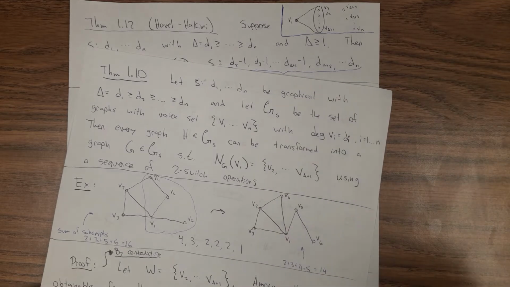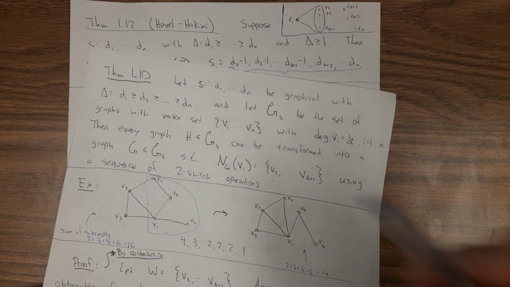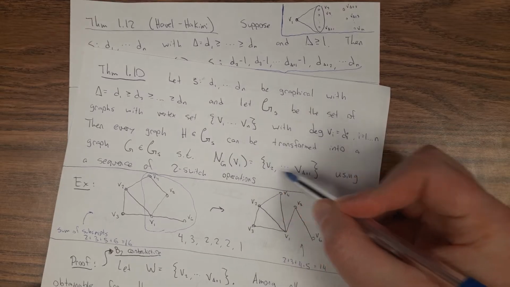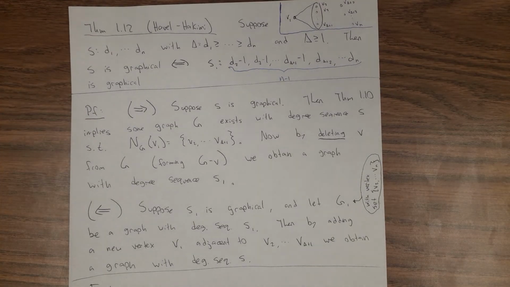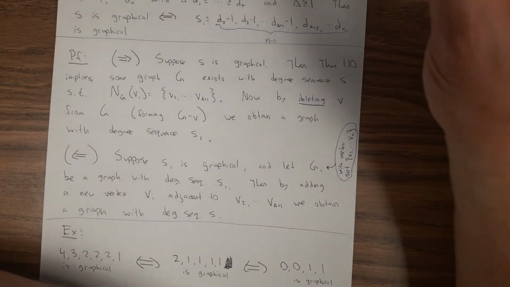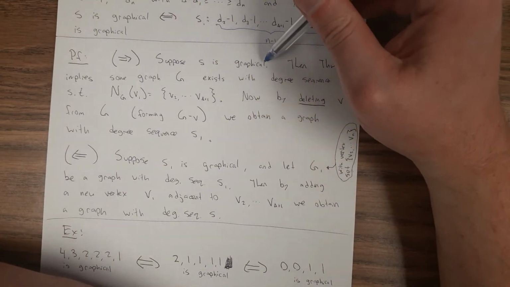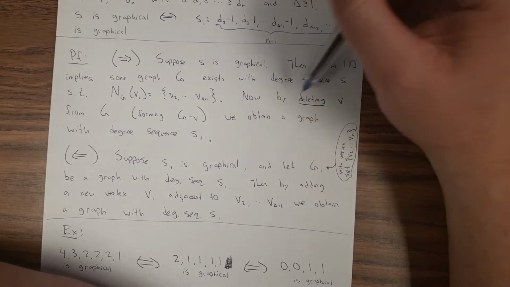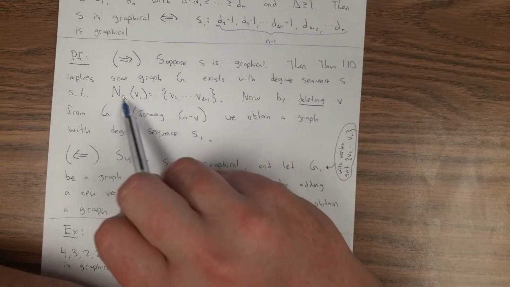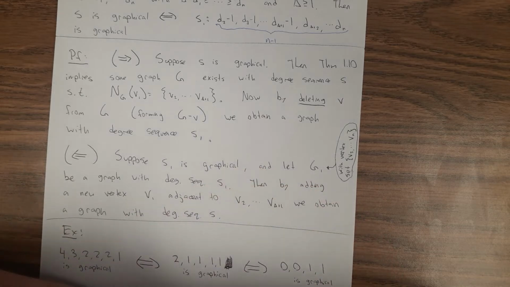And of course, specialness, once again, just means the neighbors of V1 are in a consecutive block starting at V2. So since S is graphical, that theorem tells us there's a special graph with that degree sequence. And this is just restating what the specialness means.